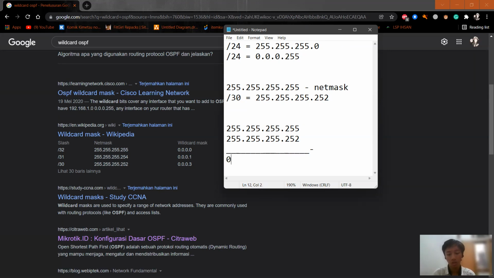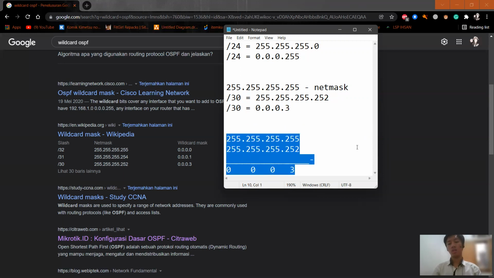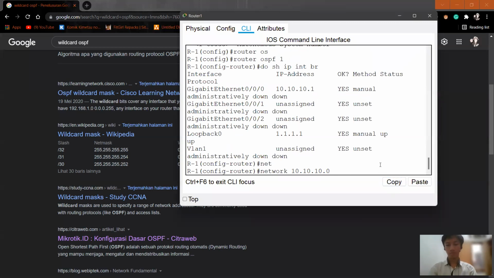We become 0.0.0.3. So slash 30 netmask is this, but the wildcard from slash 30 is 0.0.0.3. Okay, like that. I hope you understand.